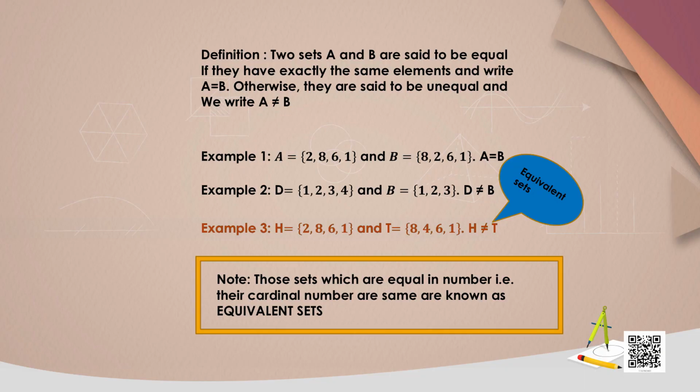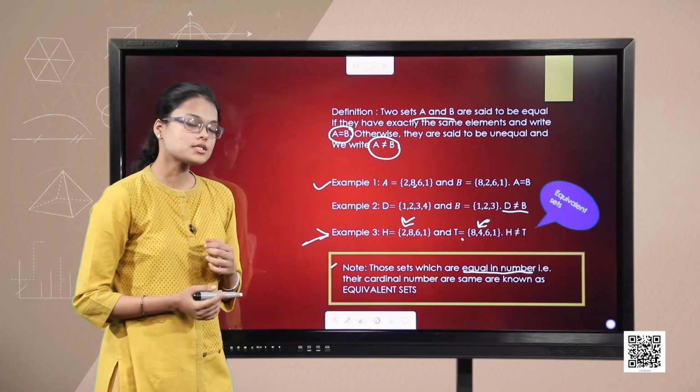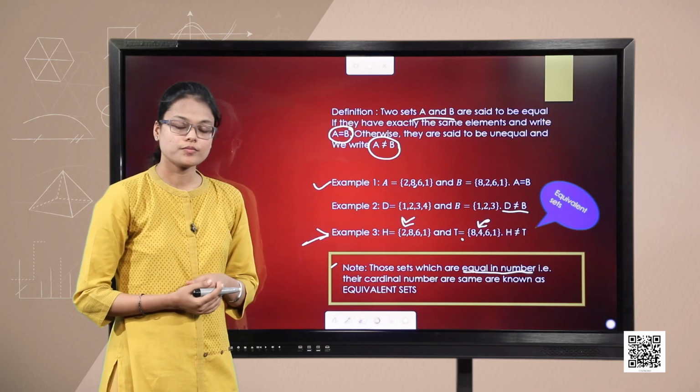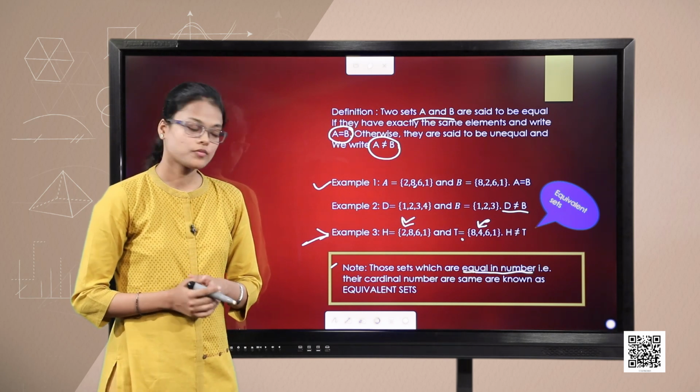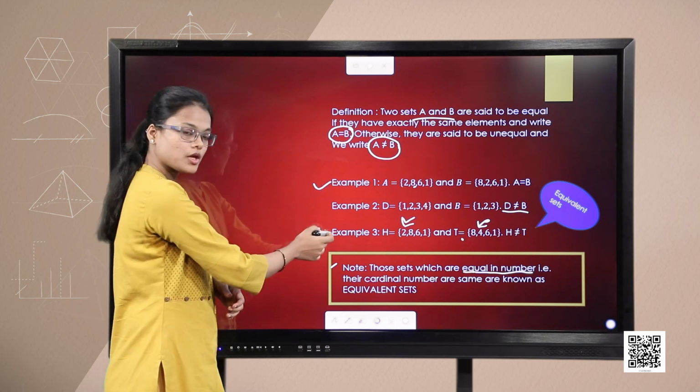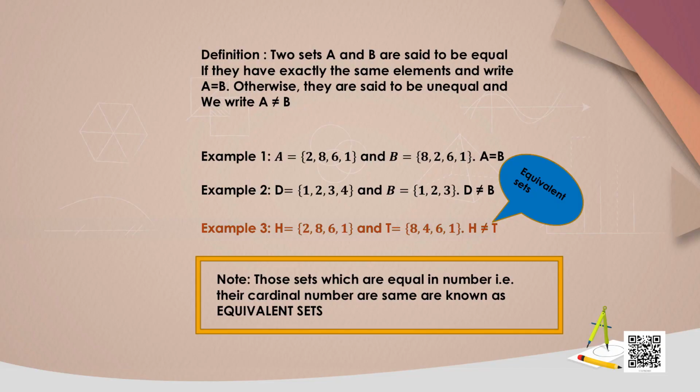Example number 3 states they are not equal. Students, you may observe when two sets are equal in number, then the sets are said to be equivalent sets. So, from the 3, we can notice that example number 3 represents equivalent sets.